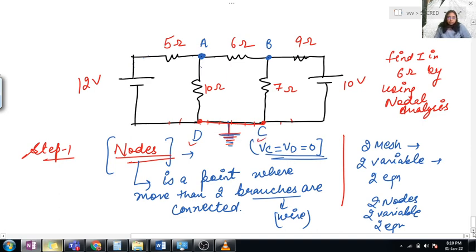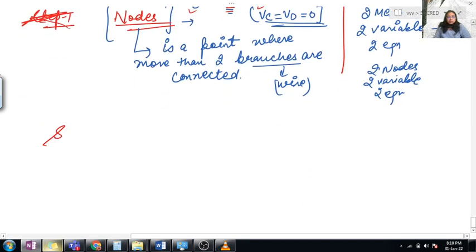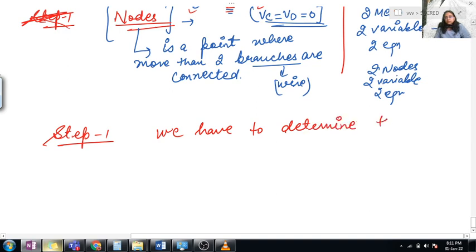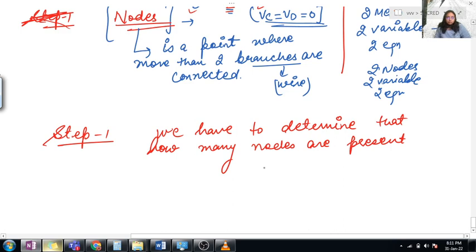Clear this thing? So step number 1, we have to determine how many nodes are present. In this case there are four nodes basically.